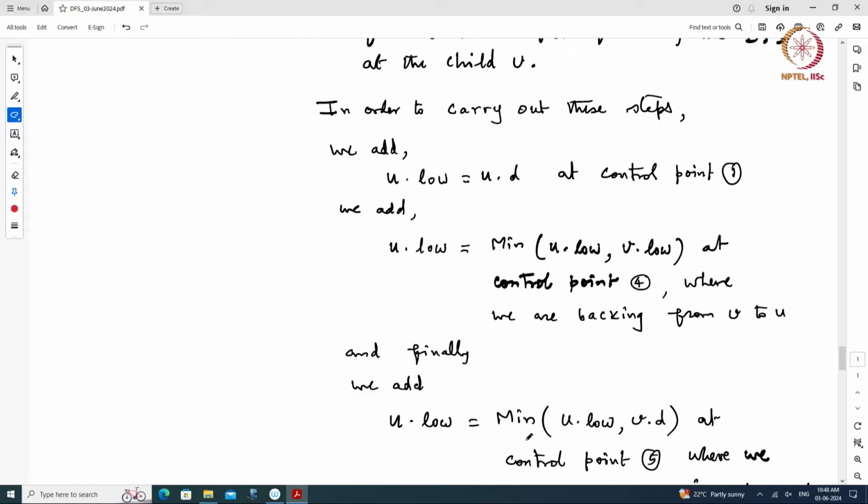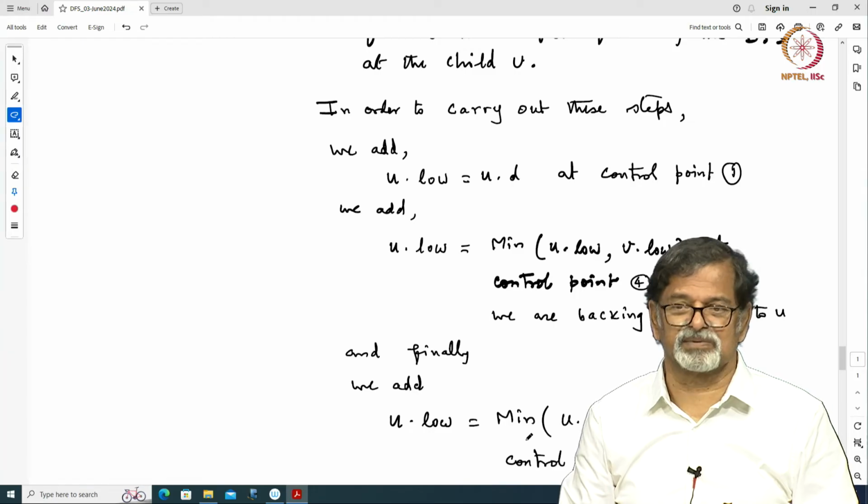So, when you fit in these steps into the skeleton, it becomes an algorithm for finding the low of a vertex. Low of all vertices can be computed. You just do the DFS. During DFS, at various points you do various computations that would solve the problem of finding the low for every vertex.